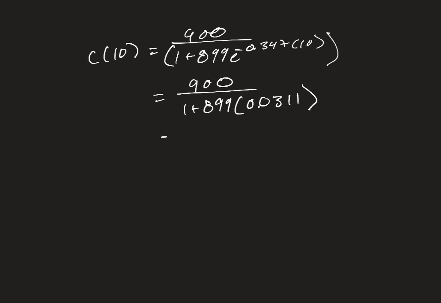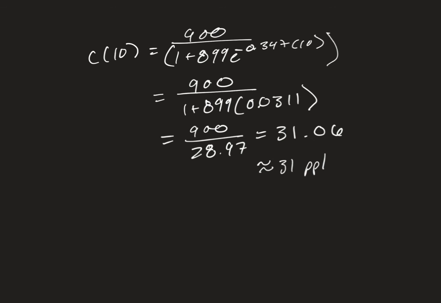So I have now 900 over 28.97. I got 31.06 after 10 days, about 31 people now have COVID.